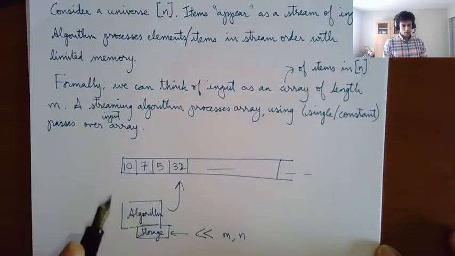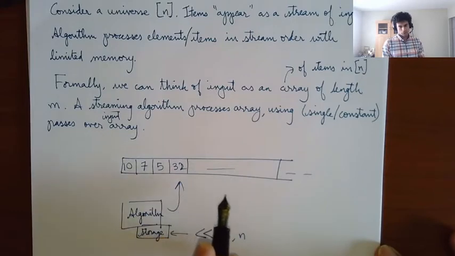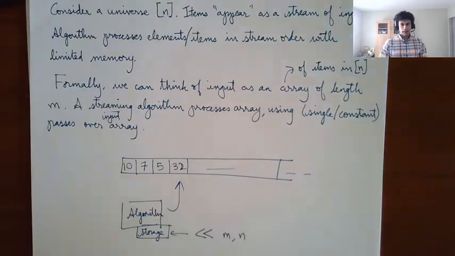The algorithm makes a single pass over the array, and as it passes over the array, it stores some data structure, and in the end it has to decide some property, answer some questions about the array.